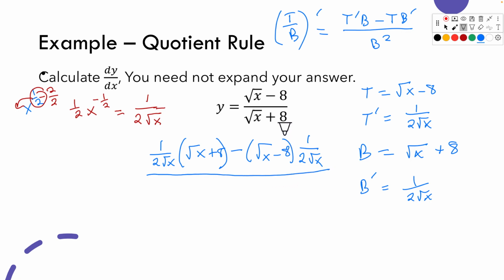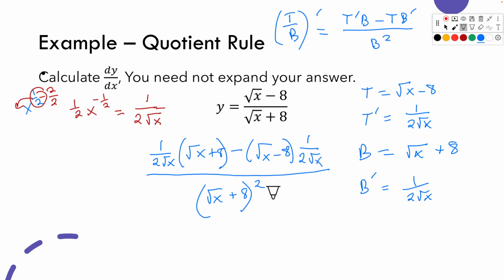And then what's in the denominator? The bottom squared, square root of x plus 8 squared. You could expand this, but we're not going to. We don't need to. We're going to leave that alone.